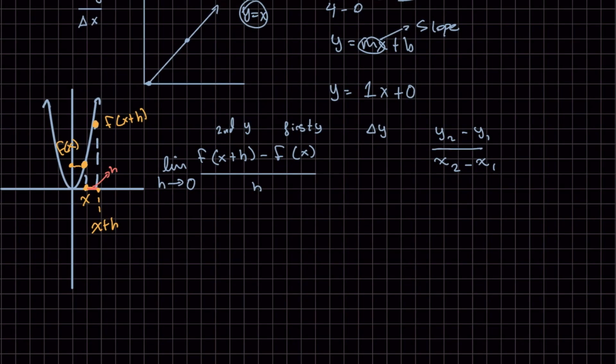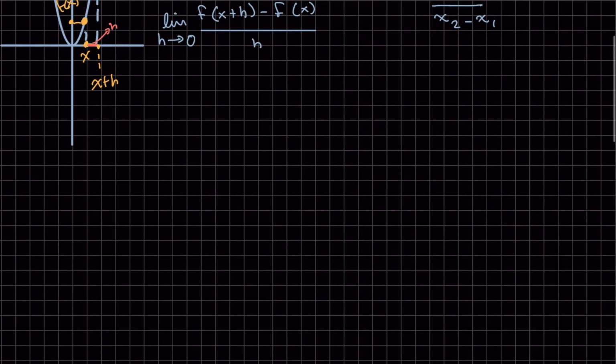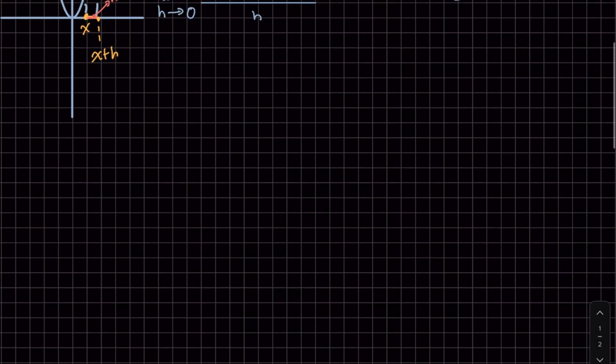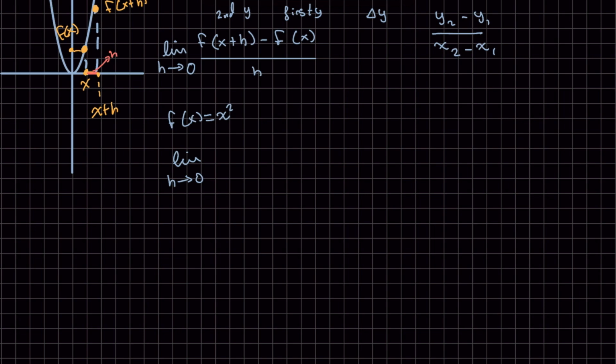Let's do a quick example with this definition. We're doing x squared in this case, f of x equals x squared. So we'll take the limit as h approaches 0 of x plus h squared, because f of x is x squared, so f of x plus h is x plus h squared, minus x squared, over h.